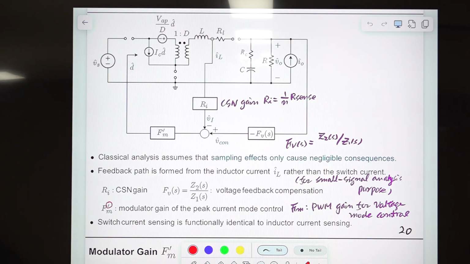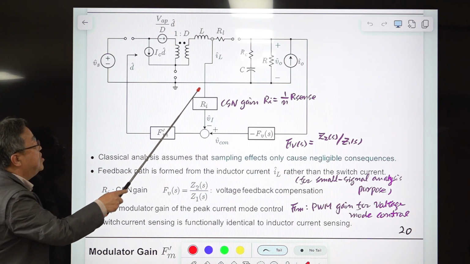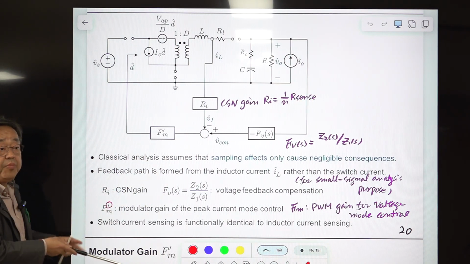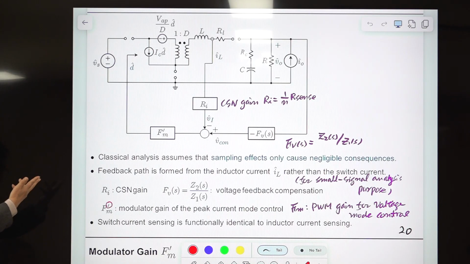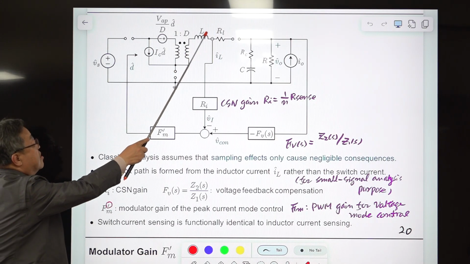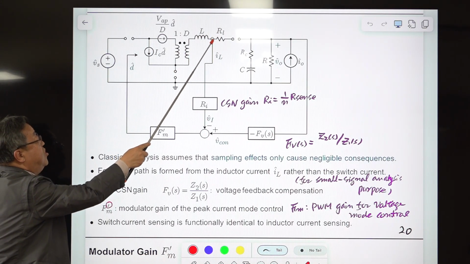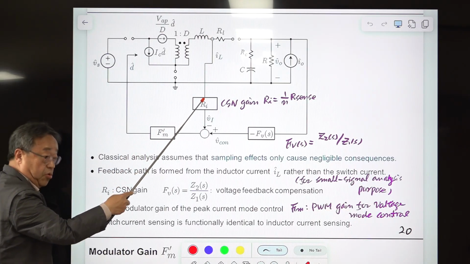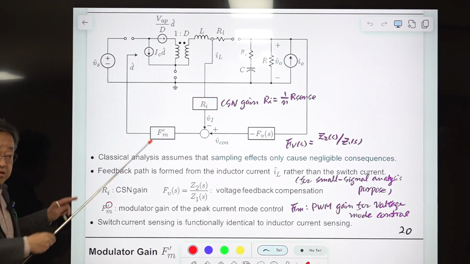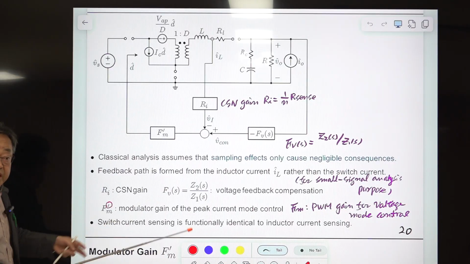PWM converters. Okay, so from here, this feedback is derived from inductor current. Actually, feedback is derived from the switch current, but you are assuming the feedback is derived from inductor current. This simplifies the analysis without changing anything.